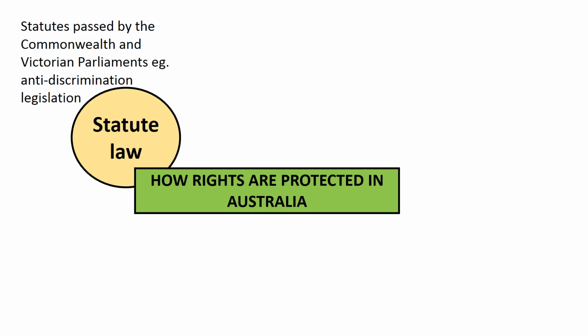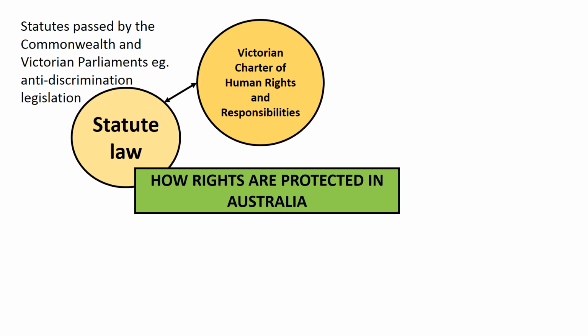Put another way, these statutes give us rights not to be discriminated against on the basis of our gender, sexual orientation, religious beliefs, or race. We have also looked at the Victorian Charter of Human Rights and Responsibilities, which sets out some of the rights that people in Victoria enjoy.